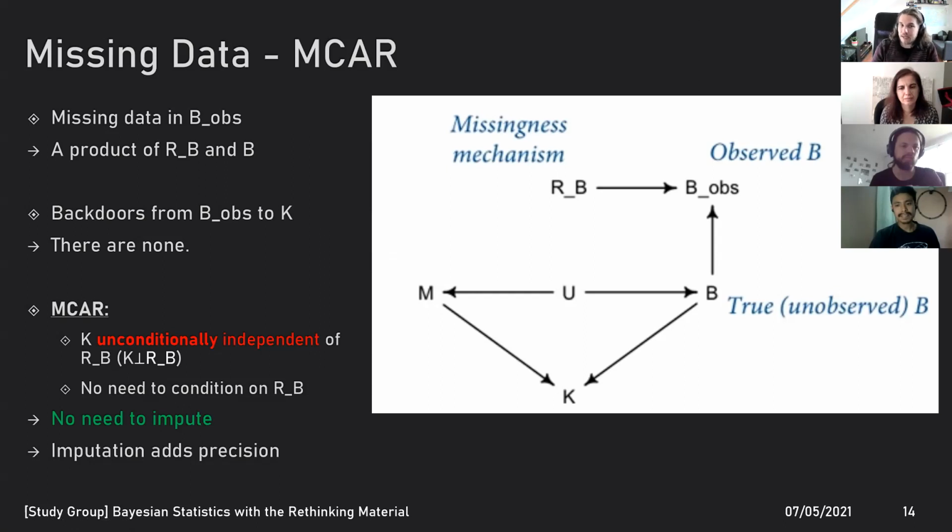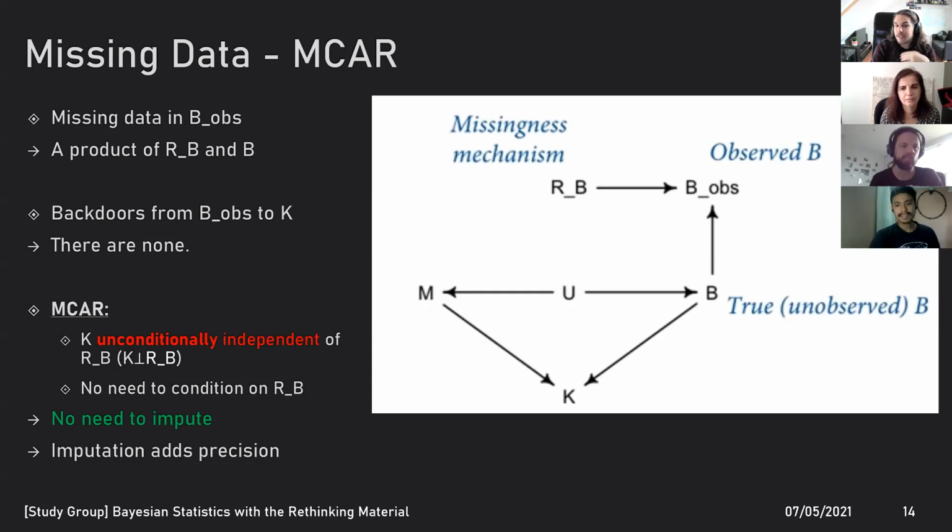There are missing data in our observed brain sizes, and the observed brain sizes are a product of the missingness process RB, as well as the true brain sizes B. There are no backdoors from B observation, which is what we have and what we try to use as an approximator of B true, or just B in this case, as it is predicting K, the milk energy content.